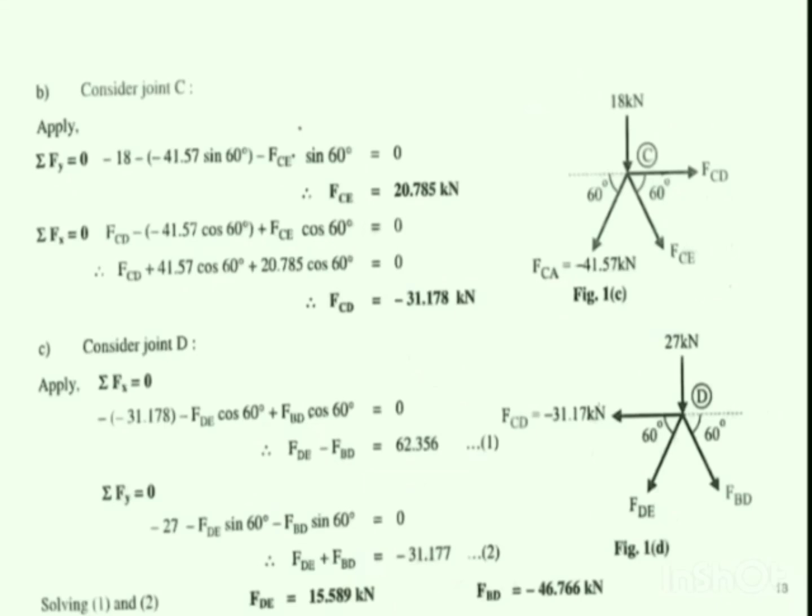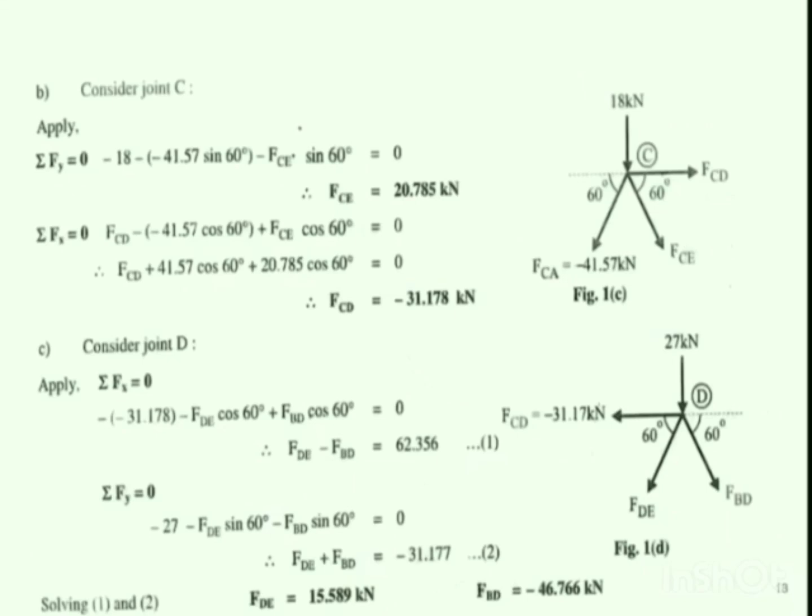As this is our assumption, we need to assume the direction of the force is always acting away from the joint. If we get a positive value, then it represents that our assumption is correct and the member is carrying a tensile force. If we get a negative value, it indicates that our assumption is incorrect, and the member carries a compressive force.